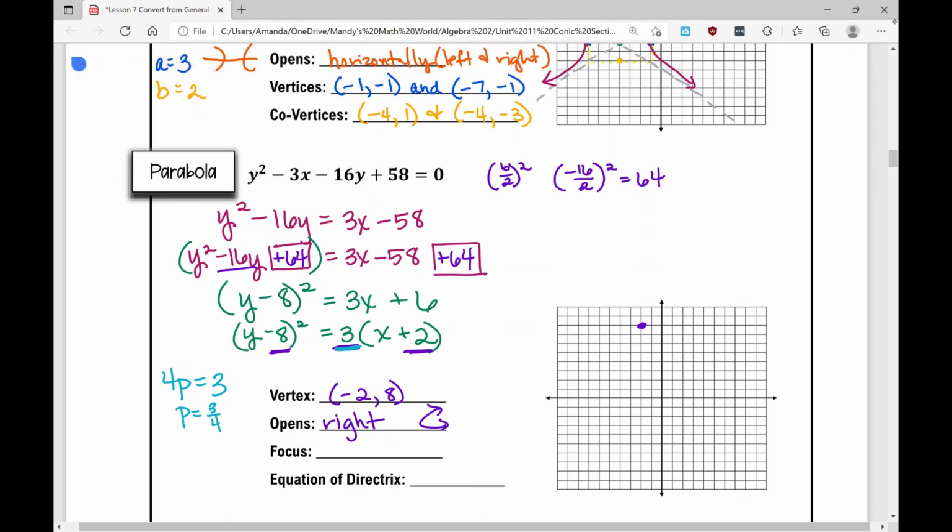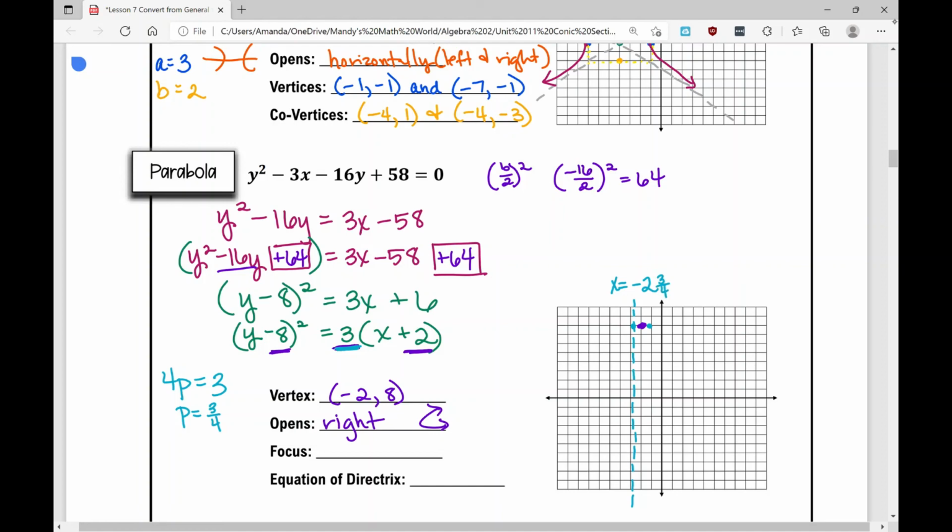From that vertex right there, I'm going to move right 3/4, so not even a full unit, and I'm going to move left 3/4. When I move left 3/4, that will give me the directrix. It's a vertical line.